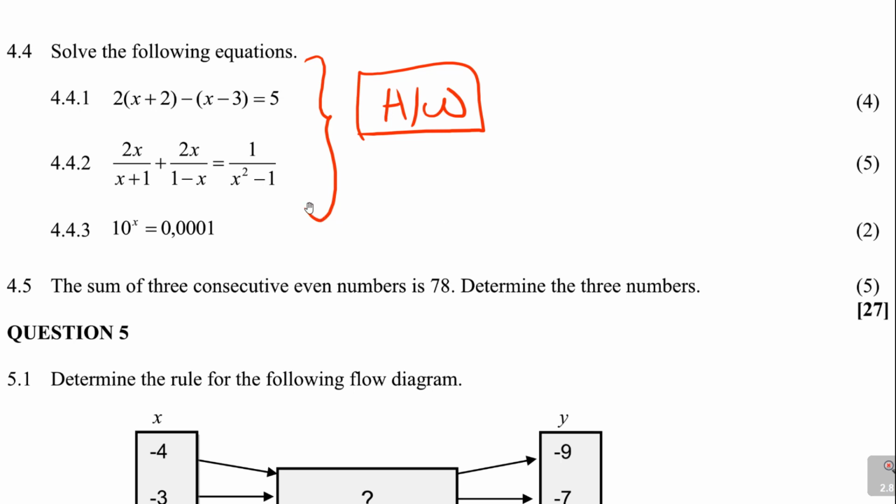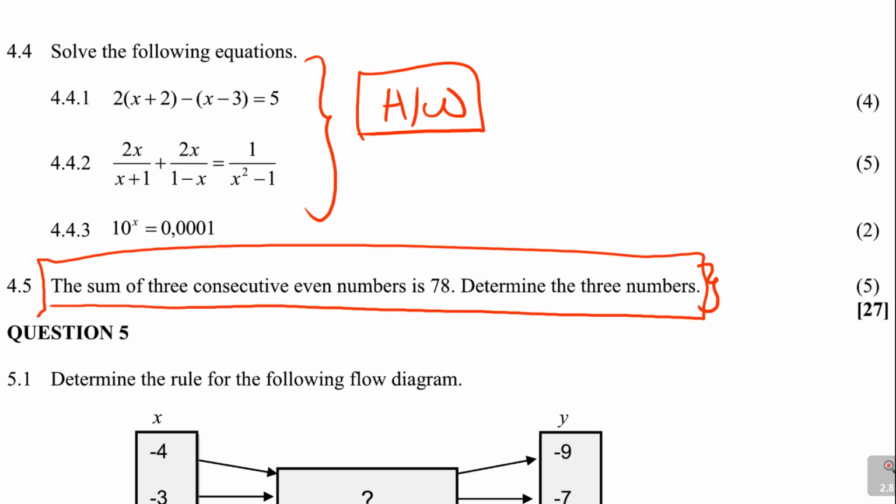So this is your homework. Try it. And this one, we also did word problems. And this one, I did something similar, so check my previous video. I want you to try this. This is also your homework. Then give me feedback on how you tried it.